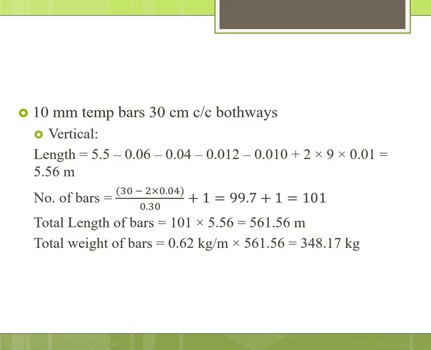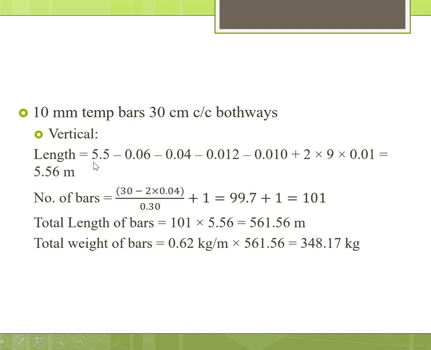So for finding the vertical bars, 5.5 was the total length. 5.5 minus 0.06, that is your stem cover, minus your base cover and minus your diameter at the base, plus 2 times the hook in the end.